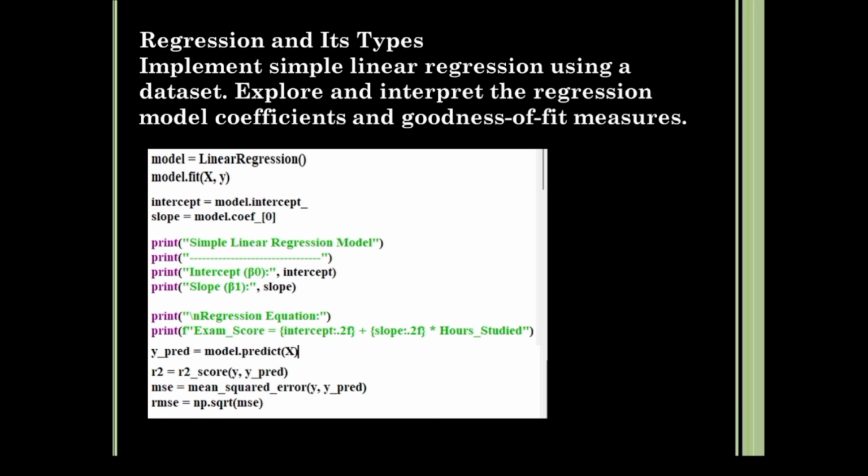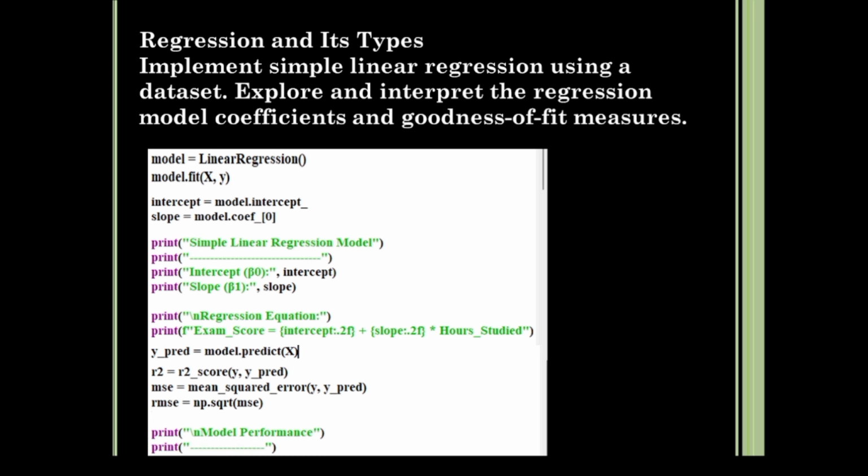Next, we have MSE, that is mean_squared_error(y, y_pred). It calculates the mean square error, that is the average of squared error. RMSE is equal to np.sqrt(MSE). It calculates the root mean square error in the original unit, that is the marks. Next, we have print \n model performance and print hyphen.